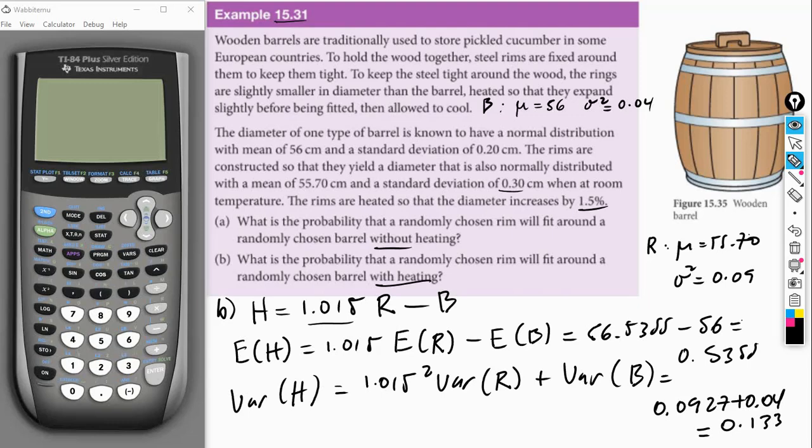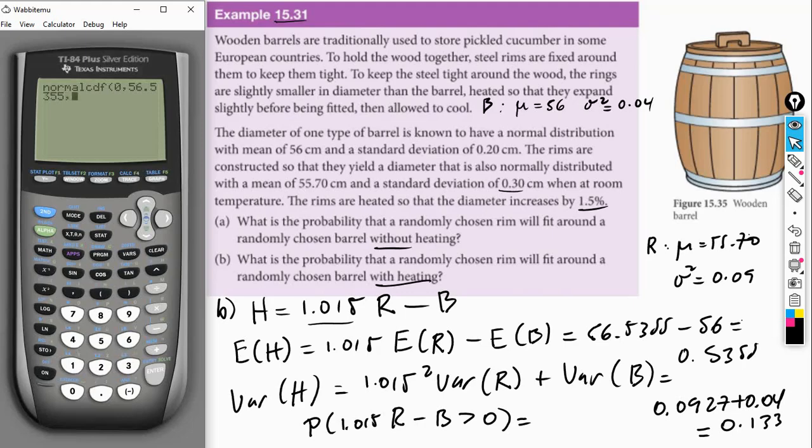Okay, so what they want us to find is the probability that the diameter of the rim that is expanded 1.5%, so 1.015 R, minus the diameter of the barrel is greater than 0. So for this, we will need the GDC again. So again, we go to distributions, number 2, and here the lower limit is going to be 0, but this time the upper limit is going to be the expanded rim, which we said would be 56.5355.